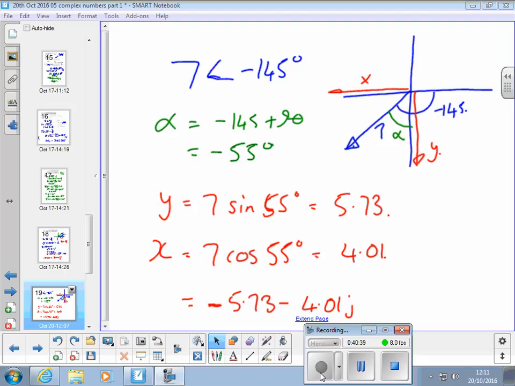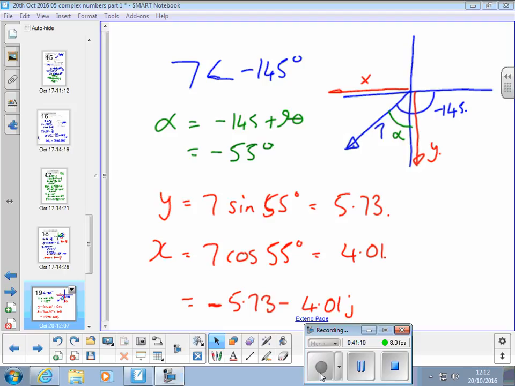What does it do if you put in 7 times the sine of minus 55? 4.01.